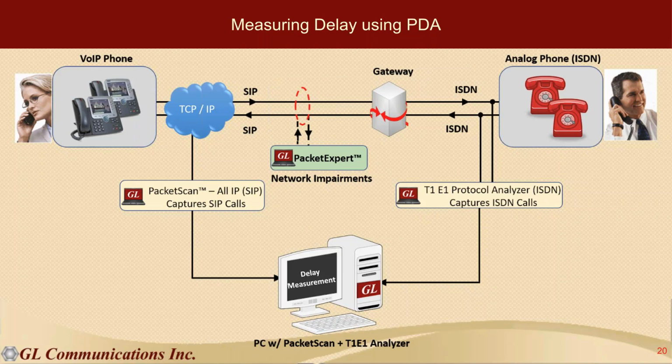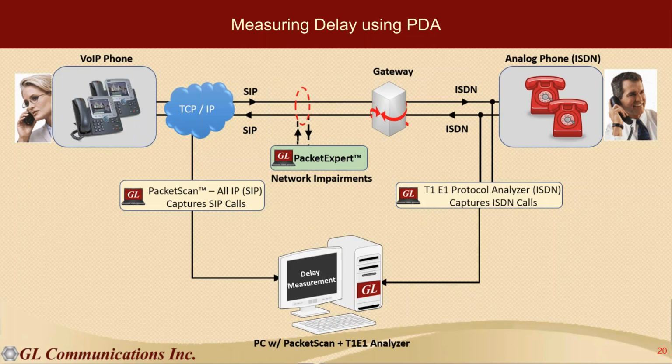So what we have done is given them the PDA solution, wherein we capture the traffic, TDM traffic or the VoIP traffic, which travels through the gateway router all the way to the other side, from TDM to IP and IP to TDM.